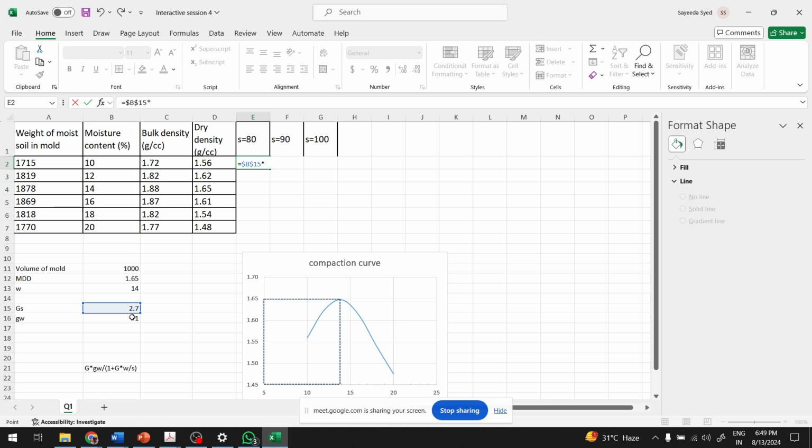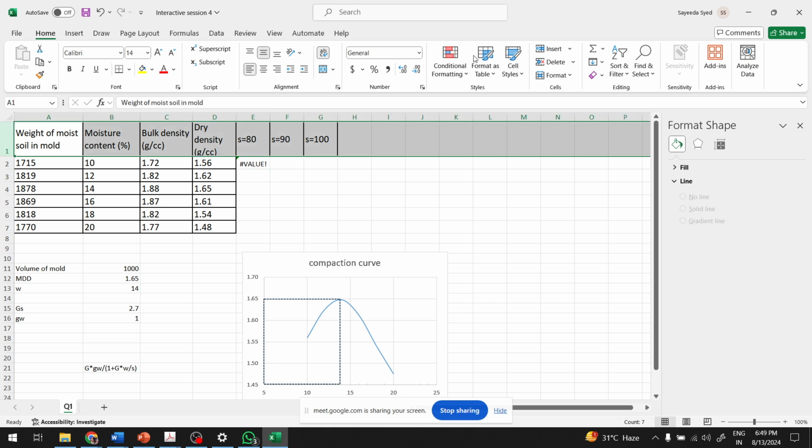G gamma W over 1 plus G, let's lock this, into W over, I should have written S here. Okay, it's going to give me an error because I've written S is equivalent to 80. So let me correct this.